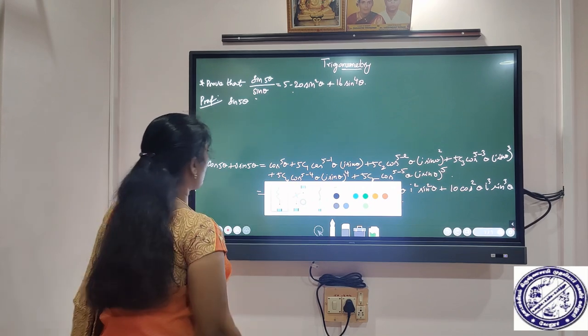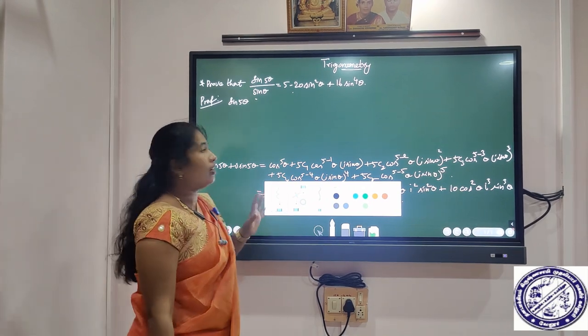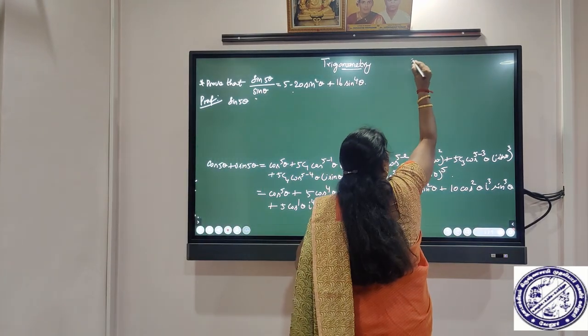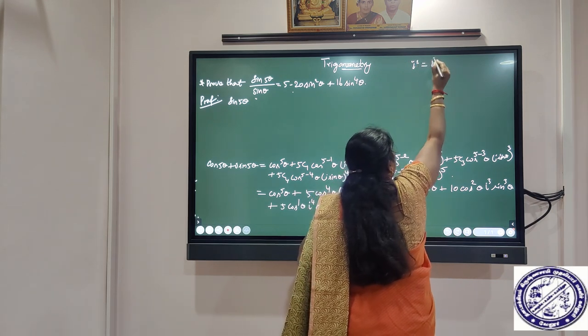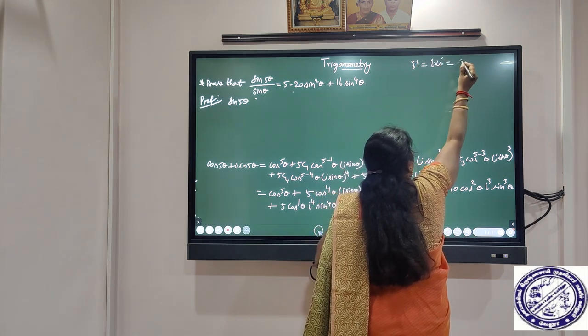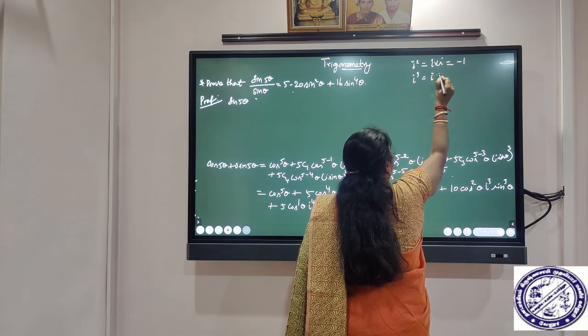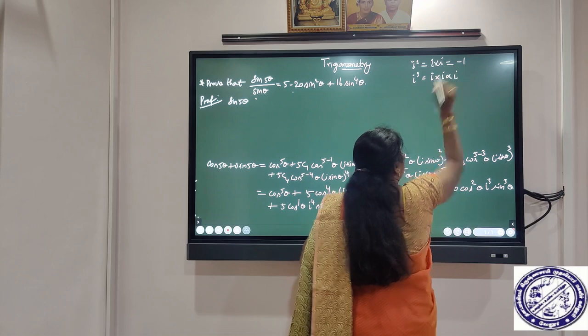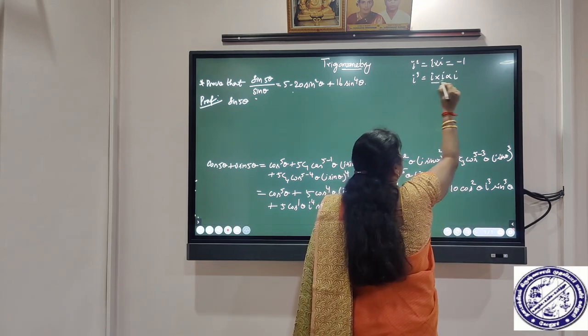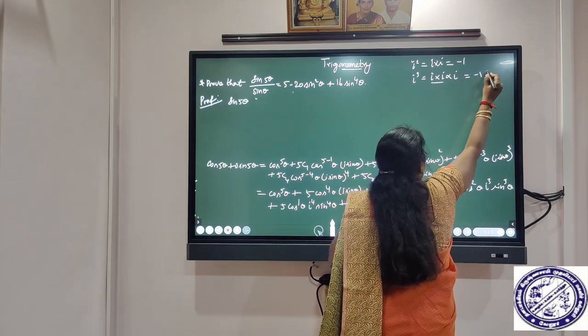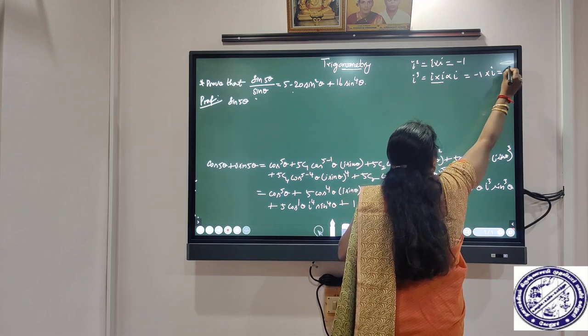Now we are going to find the i values. First one, i square means i into i. The i into i value is minus 1. Next one, i cube means i square into i. Already we know the value of i square, that is minus 1. So minus 1 into i is equal to minus i.